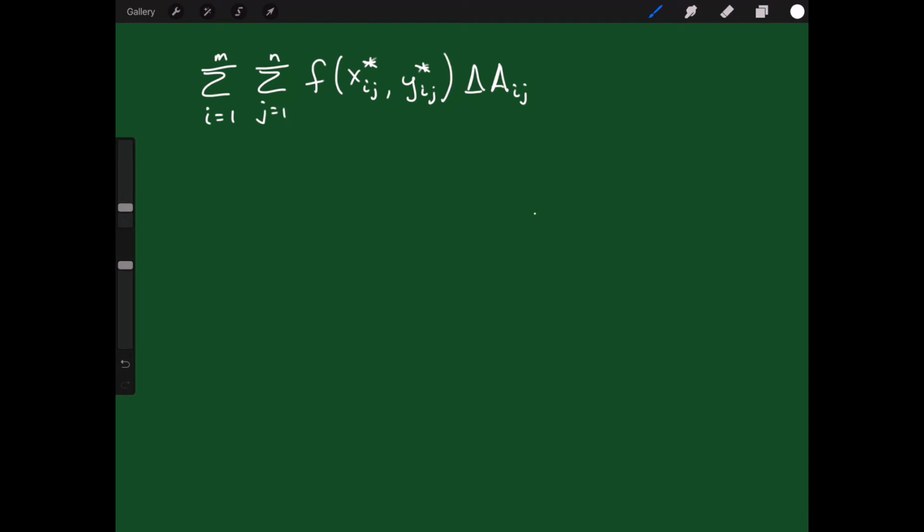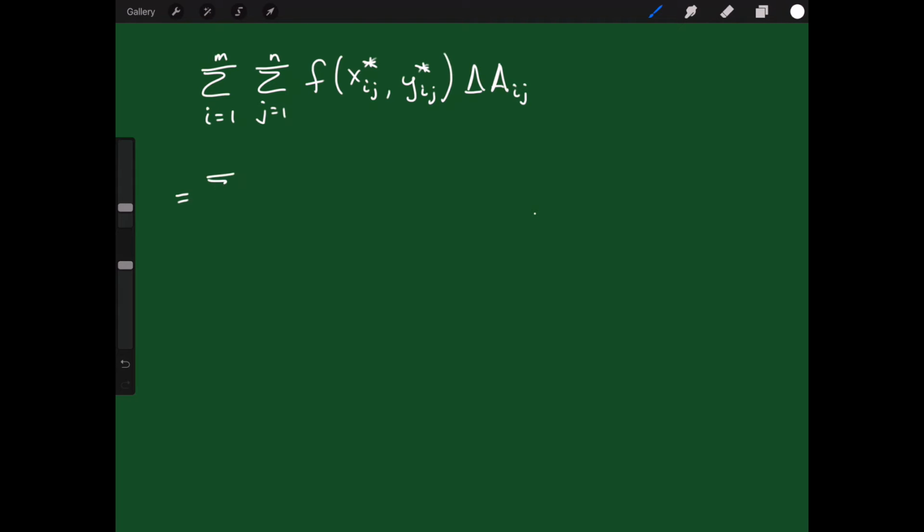Okay, this is what we had before, and this is what we called a double integral. Now notice I'm in rectangular right now. I'm not in polar. But I can make a switch to polar. How would I make that switch? Well, in the following way.